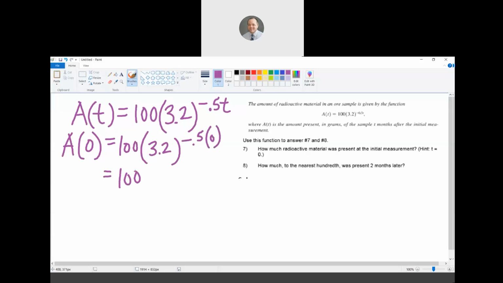All right, and that gives us 100 times 3.2 to the 0 power. And we know any nonzero base to the 0 power is 1. So 100 grams of the sample were present at the initial measurement.